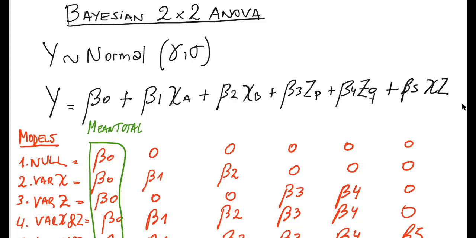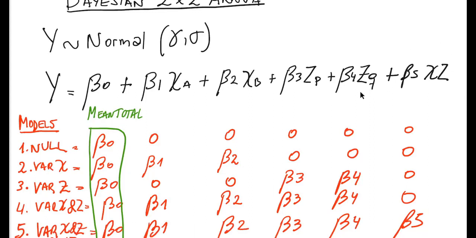In order to do the Bayesian ANOVA, we need to combine this newly formed linear model for ANOVA with what we already learned about the model comparison approach in Bayesian statistics. So we are just going to combine these two ideas in order to present a model for the Bayesian ANOVA.